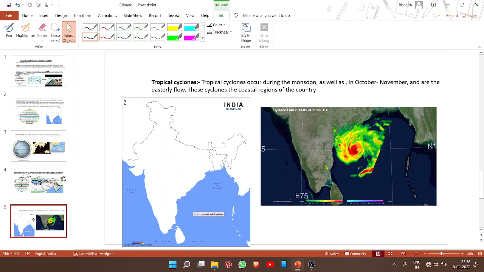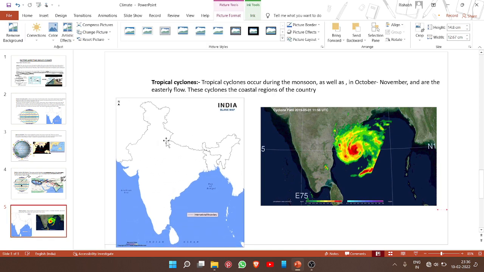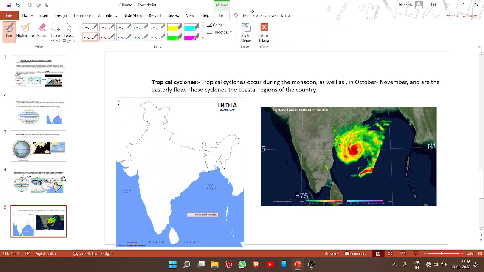And when monsoon occurs, during the summer season, when the northwestern part converts into the low pressure zone, then monsoon enters the country. This is known to us.